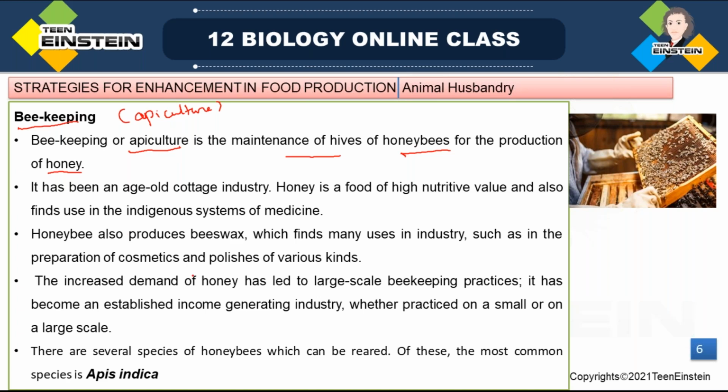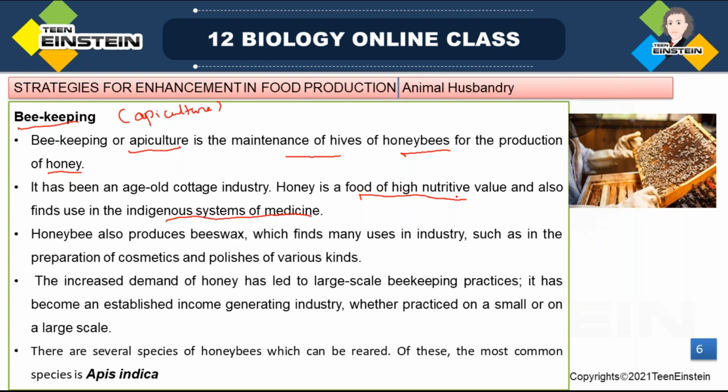You know that honey is a highly nutritive food, and it is a main part of so many medicines. It is very important in medicine also, and it has high nutritive value.